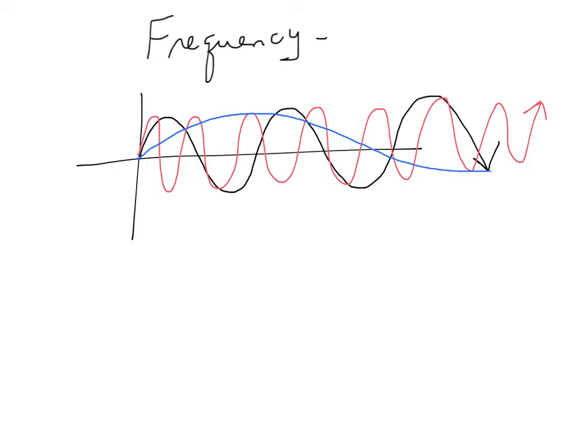Now with sound, a low frequency like the blue line will be a very low tone, whereas the red one, as you increase the frequency, it increases the pitch and it becomes very high. So the frequency is how often the graph occurs.